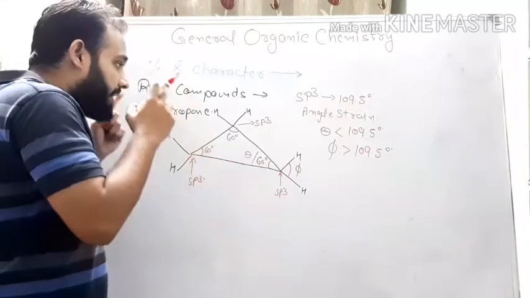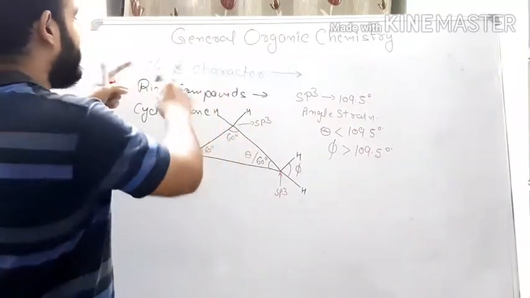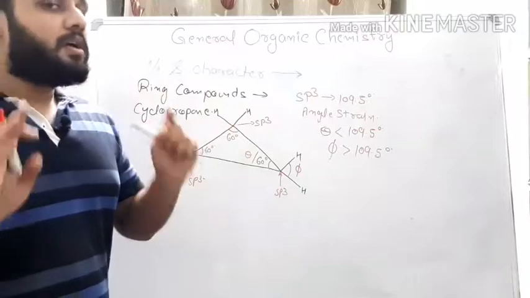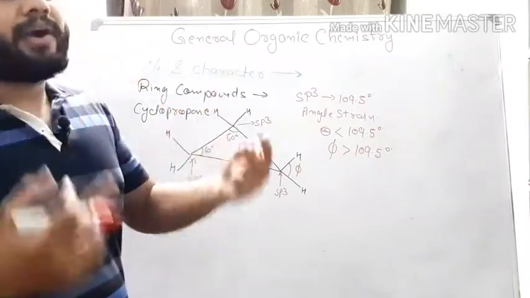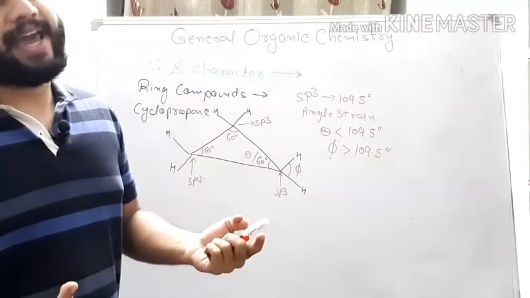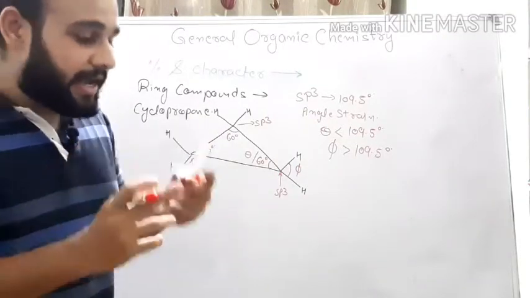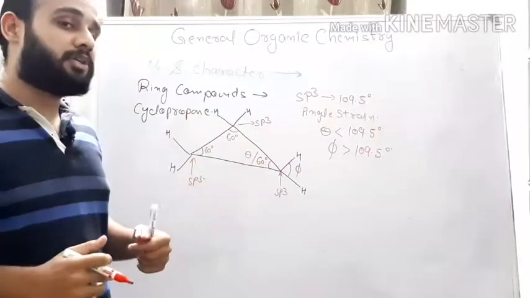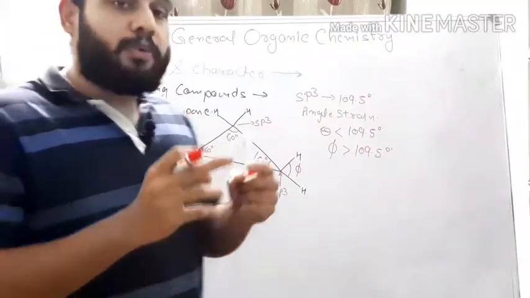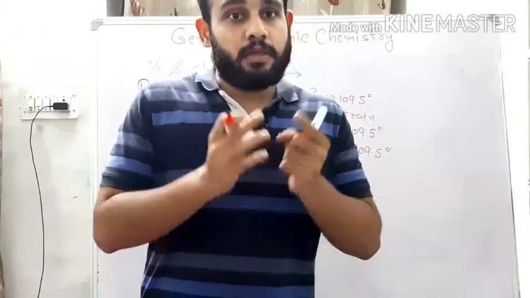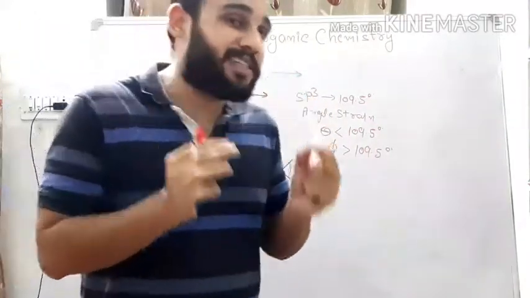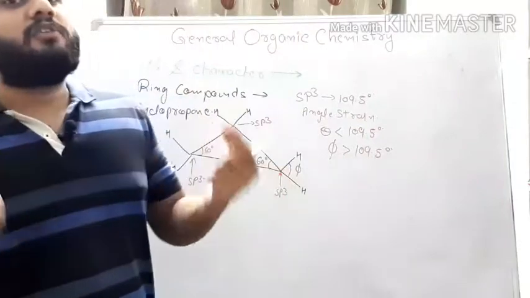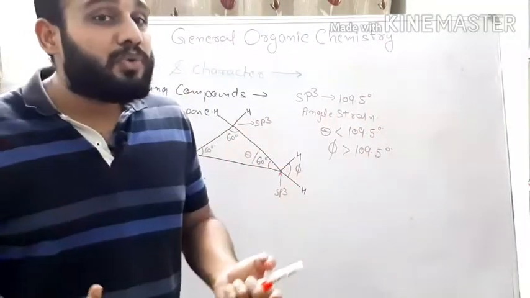Now you can relate this angle strain with percentage s character. As we observed in our previous point, bond angle is directly proportional to s character, and s character is directly proportional to electronegativity. So when the bond angle decreases, the percentage s character decreases, and when the percentage s character decreases, the electronegativity will also decrease.